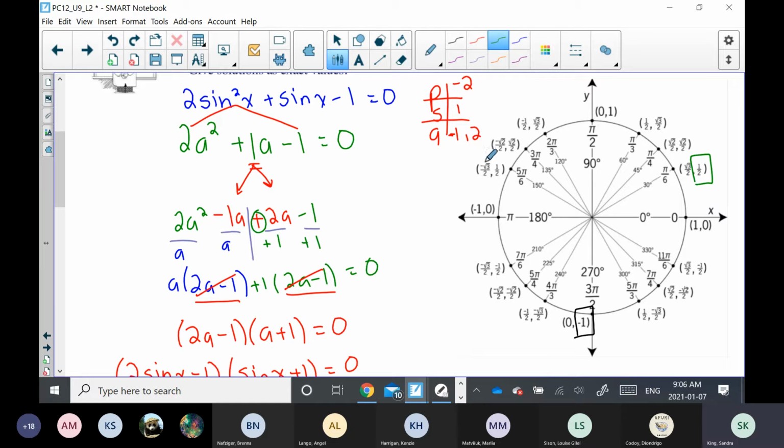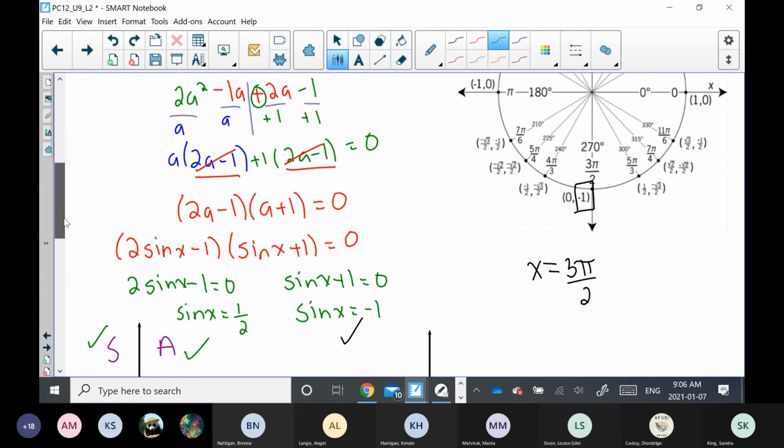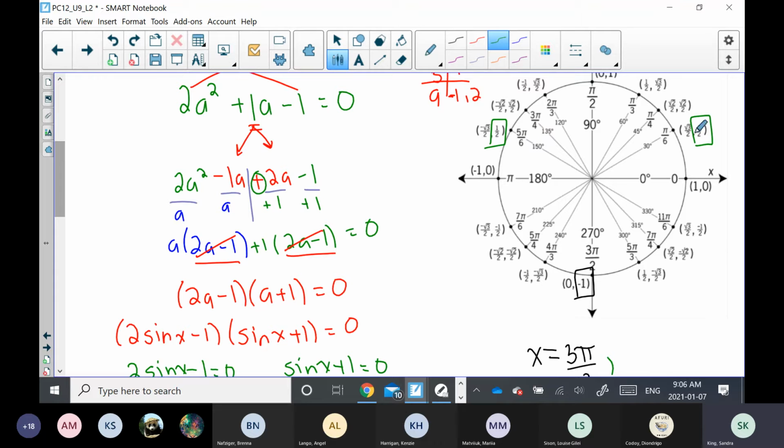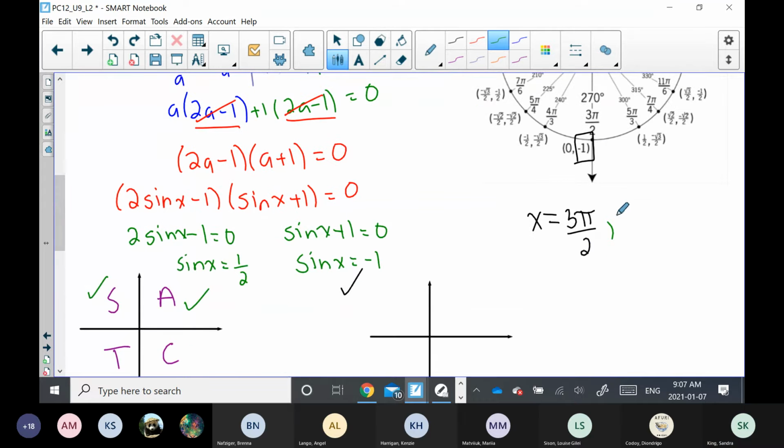Right here and right here. So I've got 3 pi over 2 as an answer. I've got pi over 6 and 5 pi over 6.